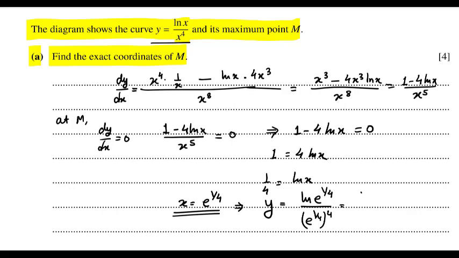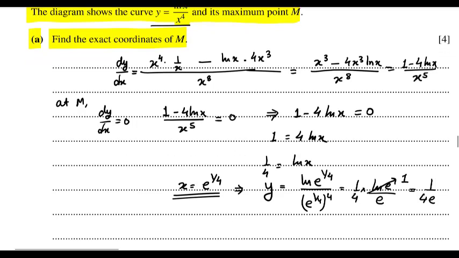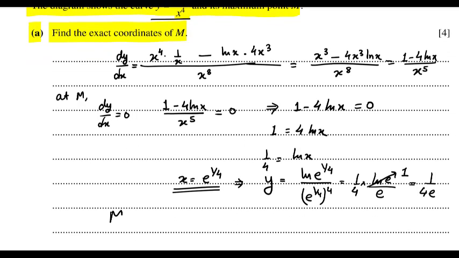So we get 1 by 4, I will write in the same numerator denominator form, into ln of e over a to the power m to the power n, so mn, it means e, and ln e is 1, so ultimately we got this thing as 1 over 4e, and hence the exact coordinates of m is e to the power 1 by 4 comma 1 over 4e.